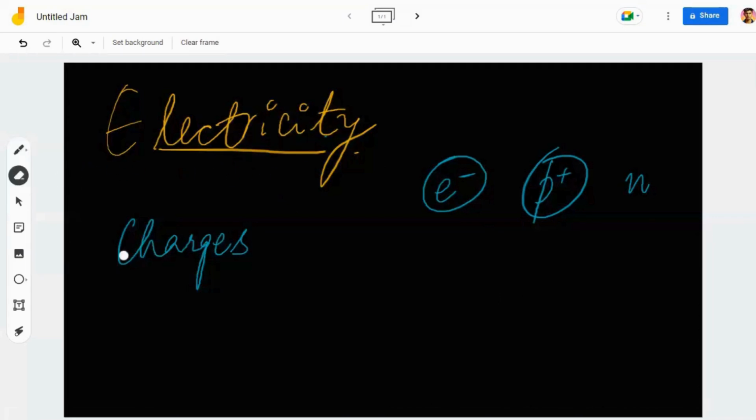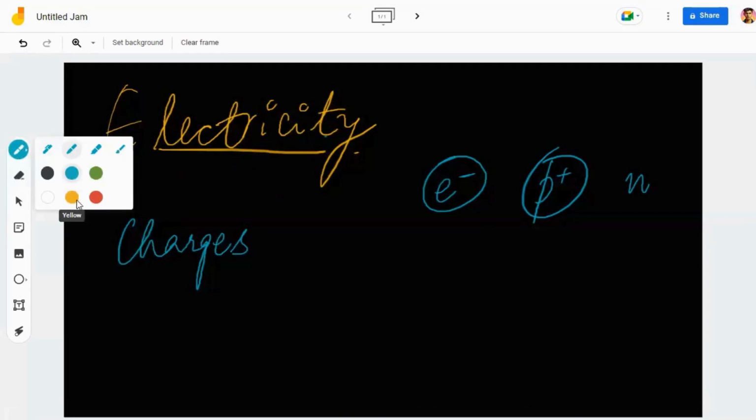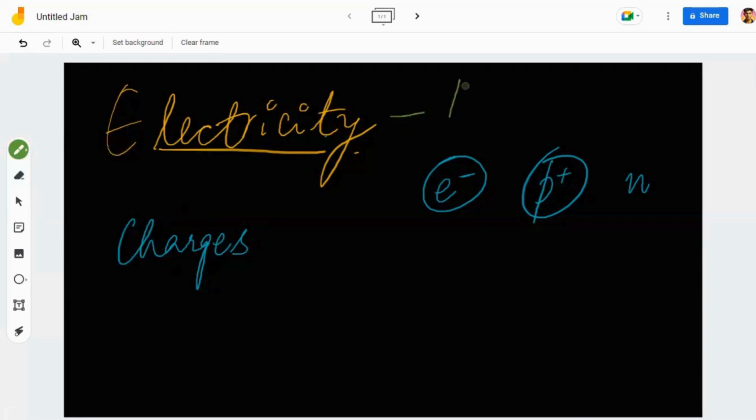So electricity can be defined as the rate of flow of charge.